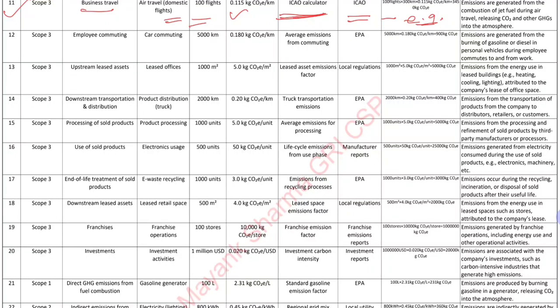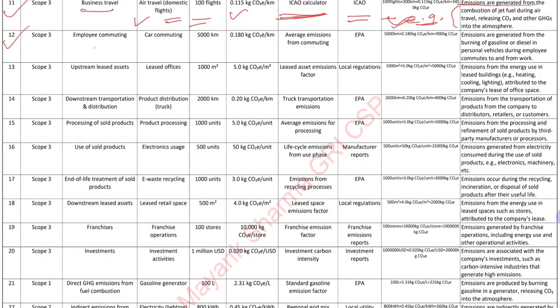Then multiplied with the emission factor, you'll get the number of carbon dioxide equivalents. So emissions are generated from the combustion of jet fuel during air travel, which releases CO2, carbon dioxide, and other greenhouse gases into the atmosphere. So you can consider this example for air travel or domestic flight.